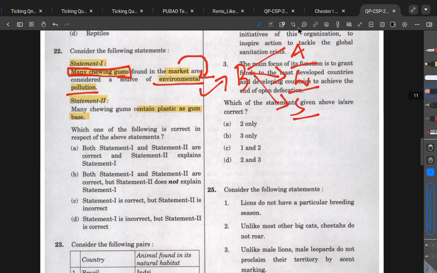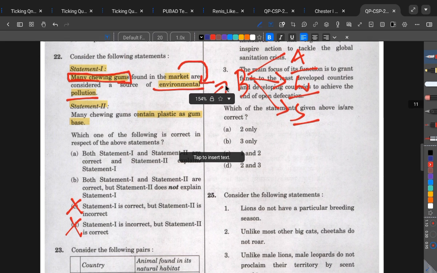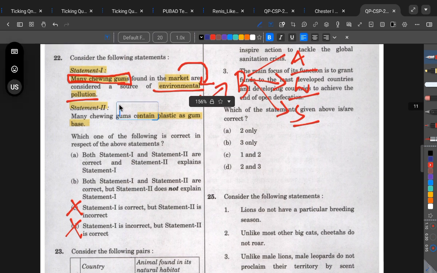So we are eliminating C and D, because from reading itself and from our observation, we understood that statement 1 and statement 2 can be correct. Now, to find whether statement 2 is the correct explanation for statement 1, you just need to write a "because" here.